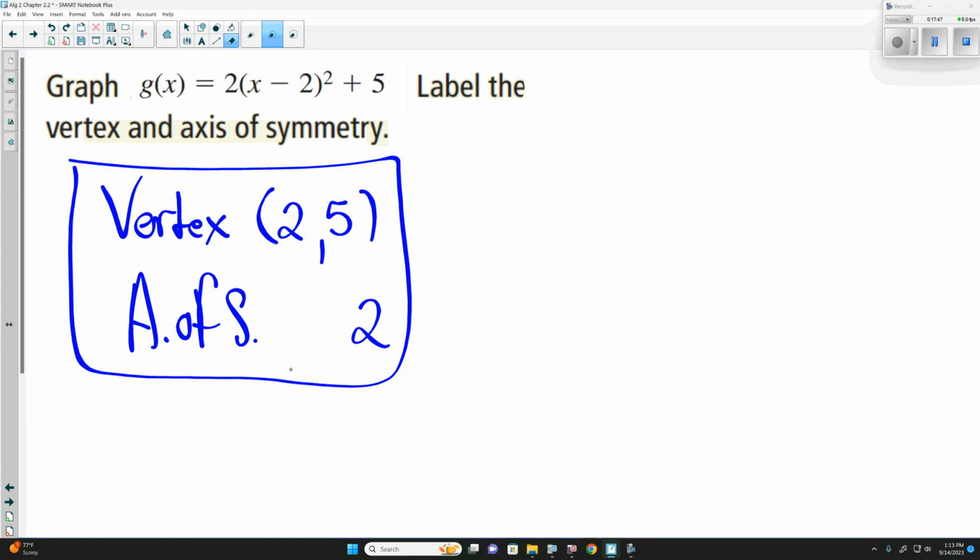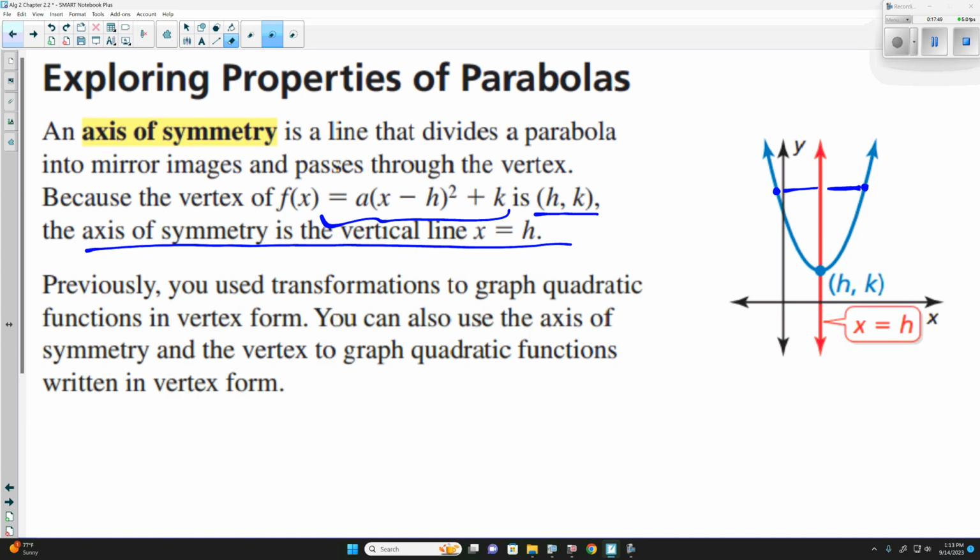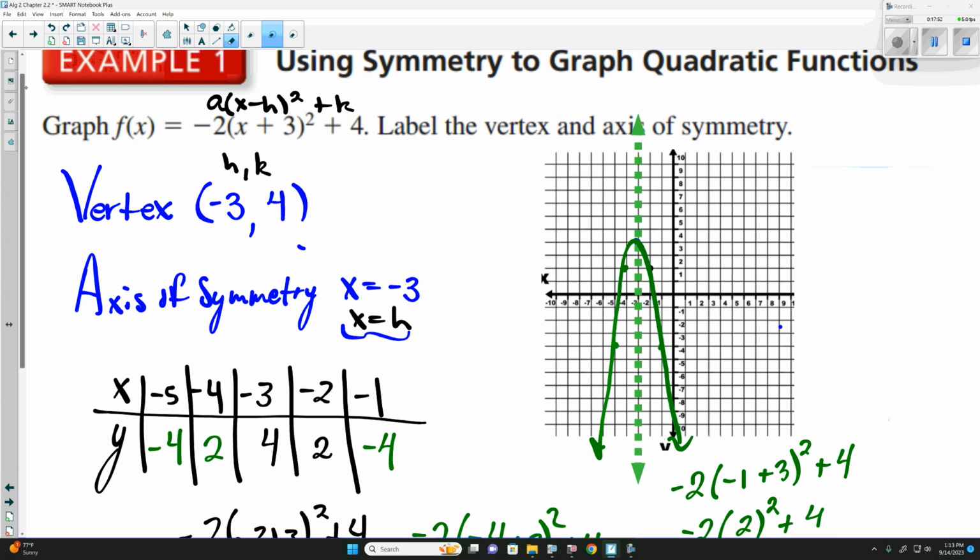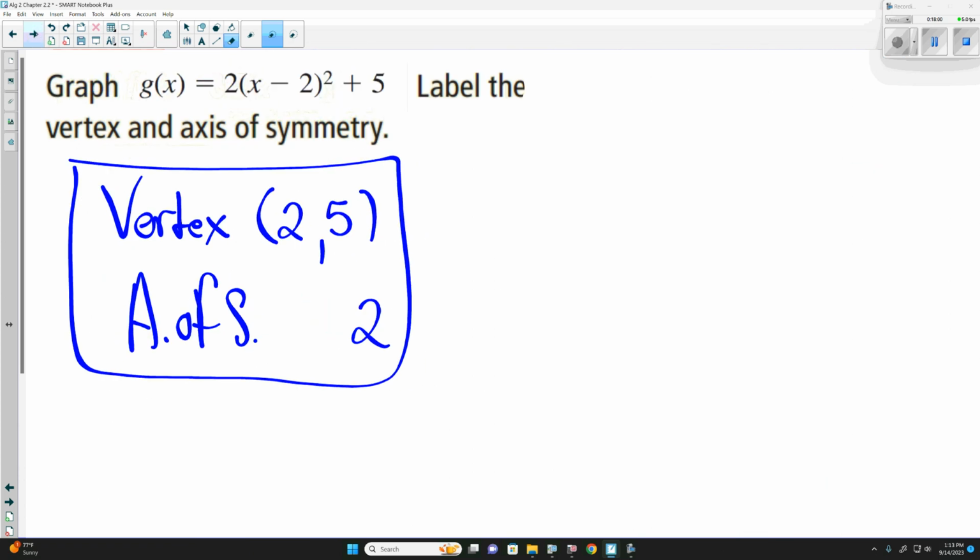Because again, we'll look back at this here. The axis of symmetry, like on this one here, is not just the point 2, it is the entire equation going straight up and down. It's that whole equation. So we have to have the x equals. Because 2 is just a number, it's not signifying the entire line.